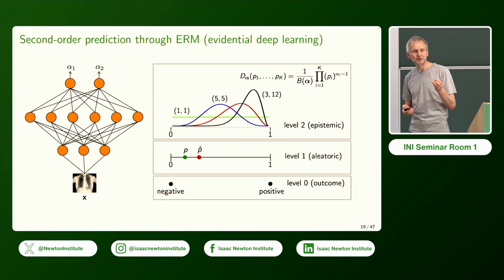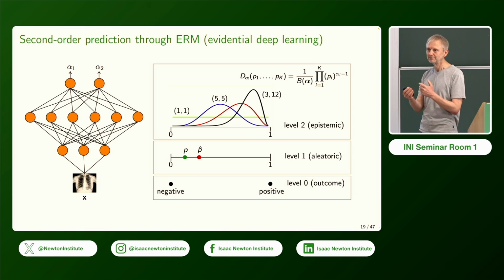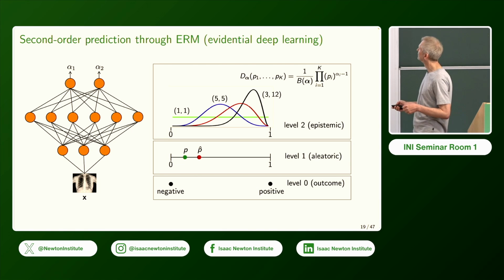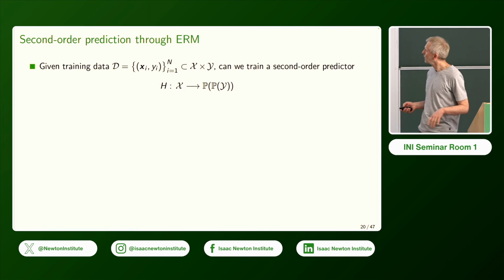But the interesting question now, of course, is can we train a model delivering meaningful parameters, alpha 1, alpha 2? So let us formalize the problem a little bit. Given training data, again, standard training data as we assumed before, xi, yi.